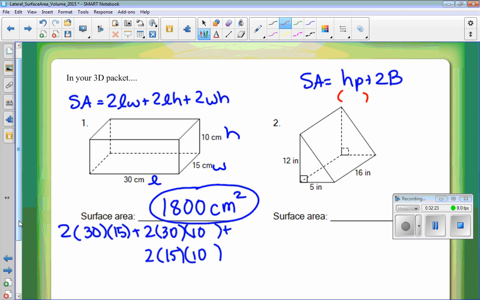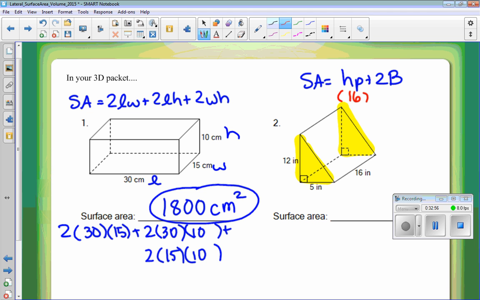No. The height of a prism is the distance between the two bases. So sometimes it's a good idea to highlight the two bases and darken them in. The distance between those two things is called the height. So the height in this case is actually 16. Are we okay with that? It's just turned on its side, that's all.